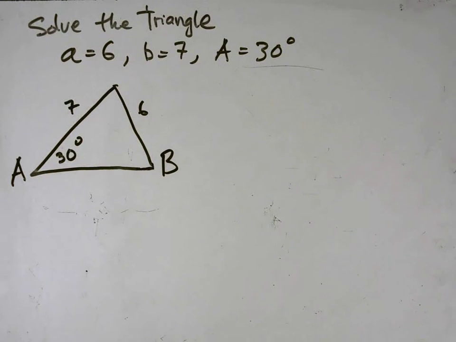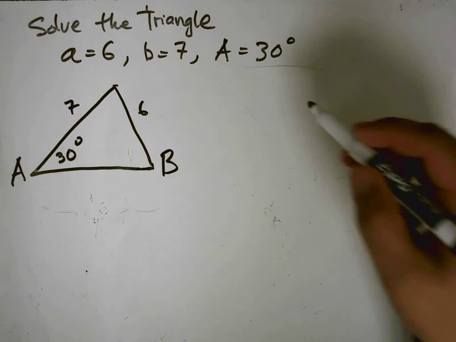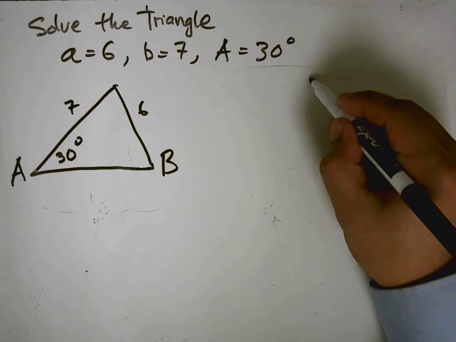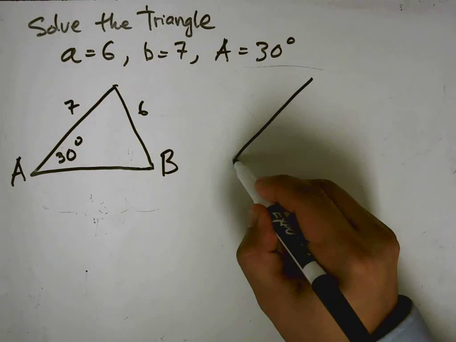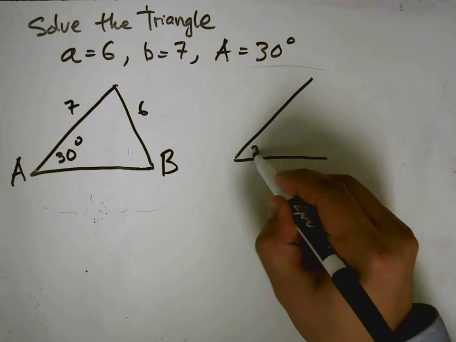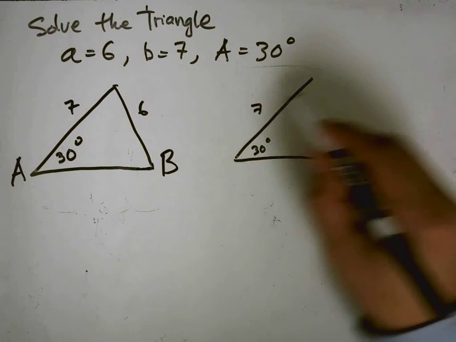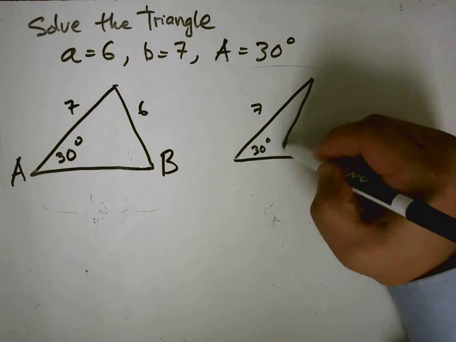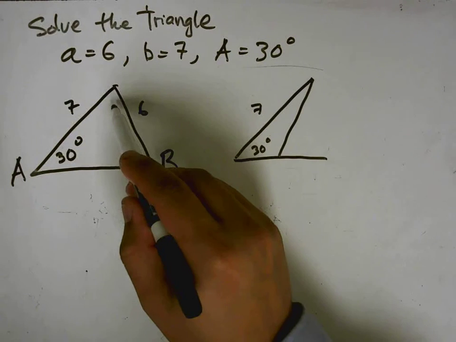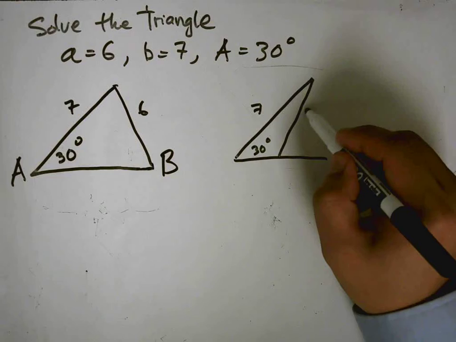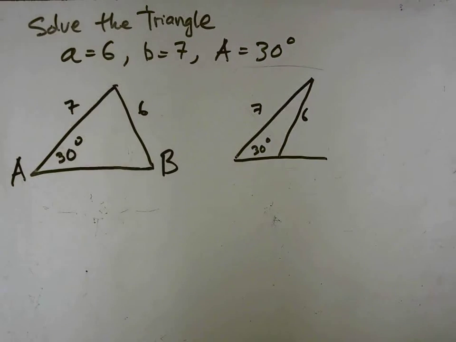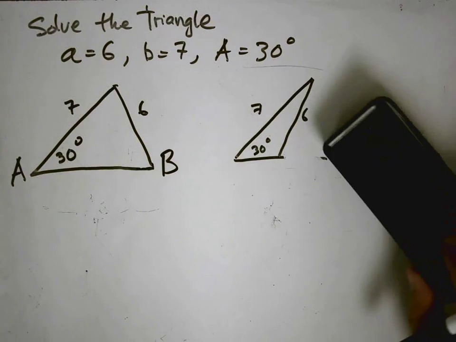But here's what's ambiguous about this, is that I can draw another picture. I try to draw this as closely as I can, so 30 degrees, 7. And I can turn this side in here instead of stretching it outwards, and I have another triangle.